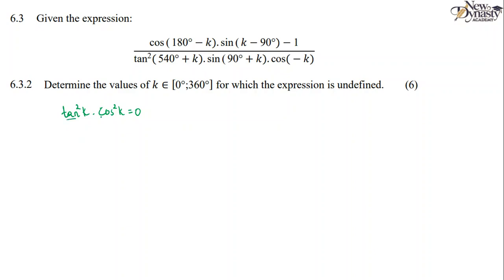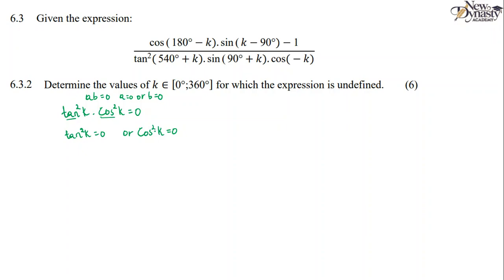This is the multiplication rule: when we've got AB equals 0, it means that A is equal to 0 or B equals 0. So here it means our tan squared k equals 0 or cos squared k equals 0.